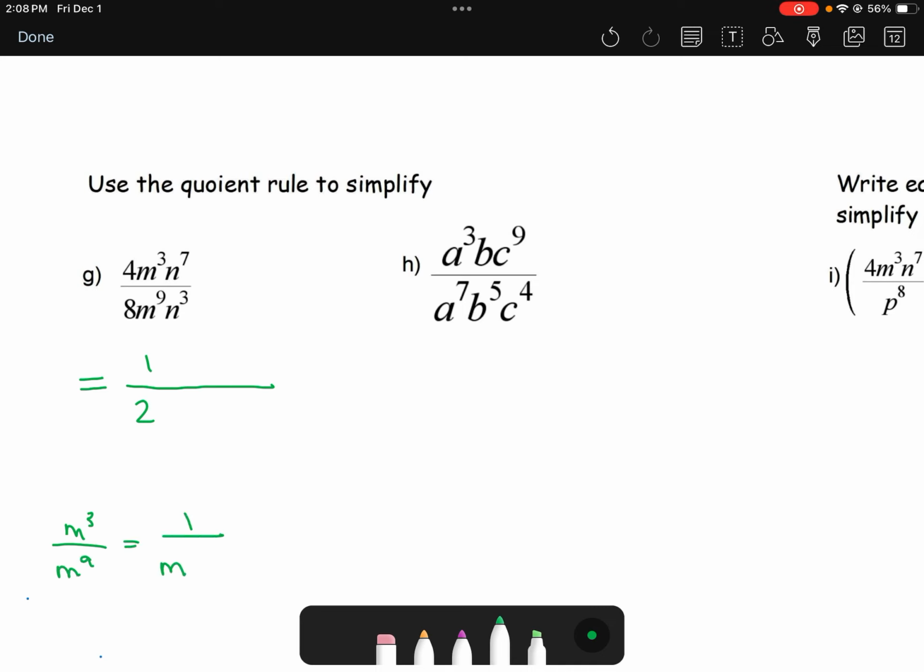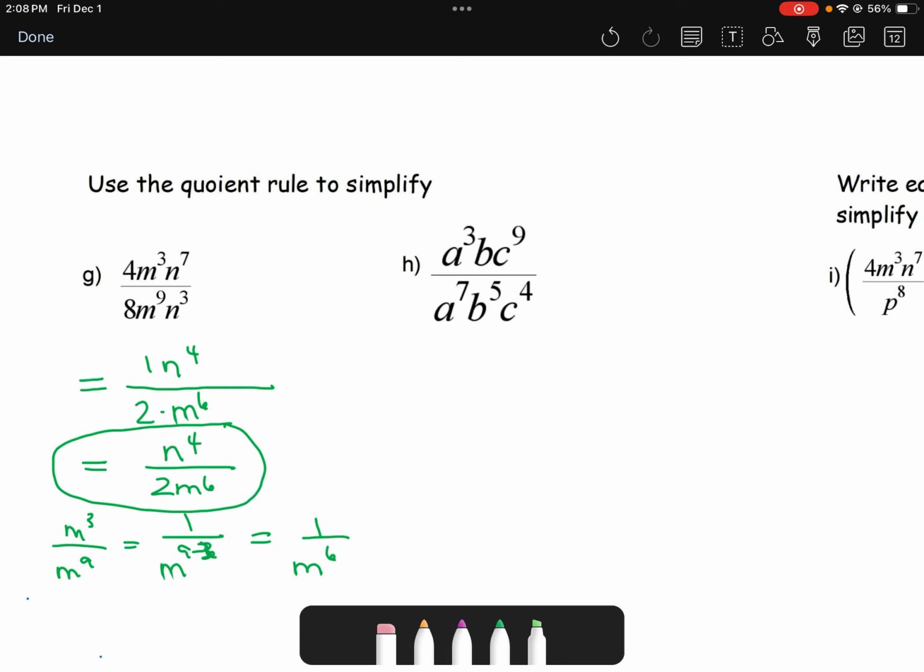It's bottom heavy, which means we have 1 over m to the b minus a, which is 1 over m to the 6th. So this m is on the bottom. And then I have, it's top heavy, so then it's 7 minus 3, which is 4. Okay, so I'm just going to rewrite my answer a little bit. So that's the same thing as n to the 4th over 2m to the 6th, because this is how your answer is going to actually look. And again, 1 times anything is just anything, so that's why that 1 went away.